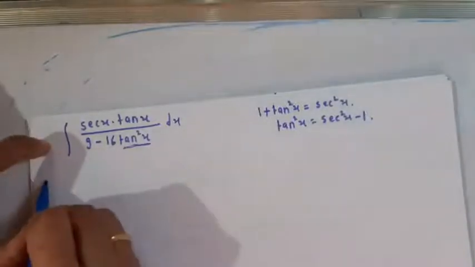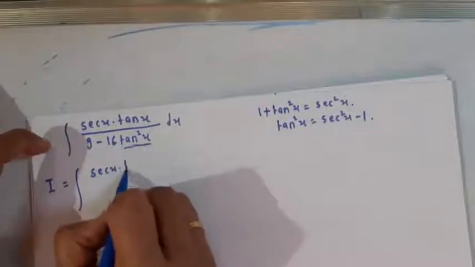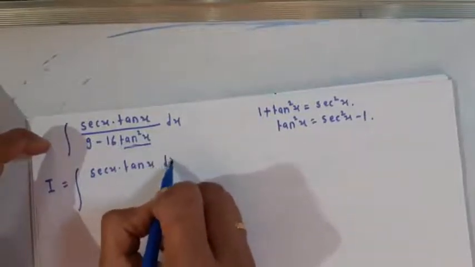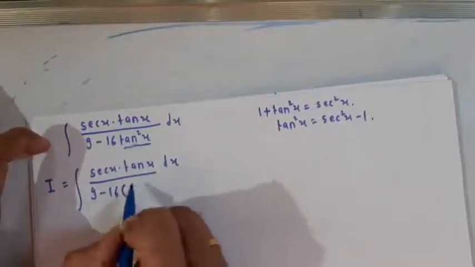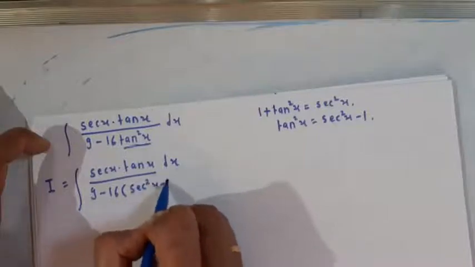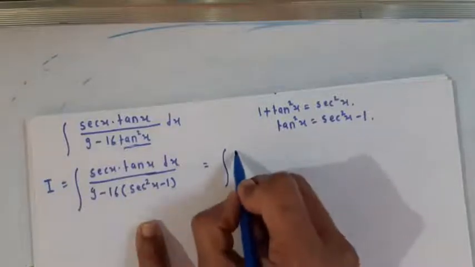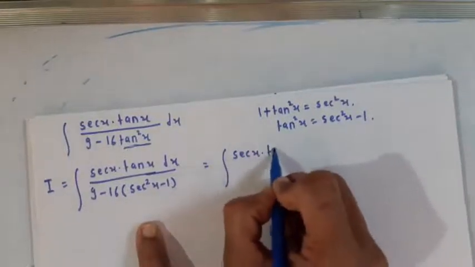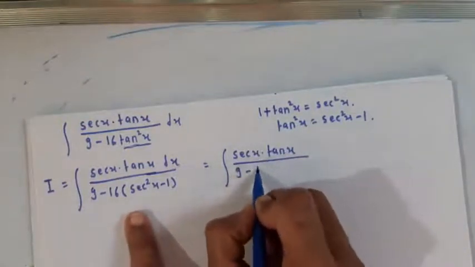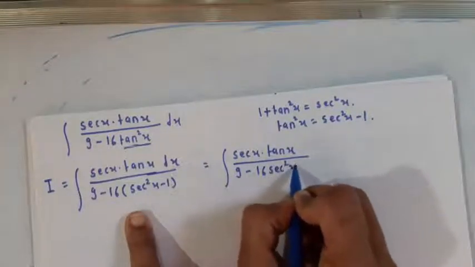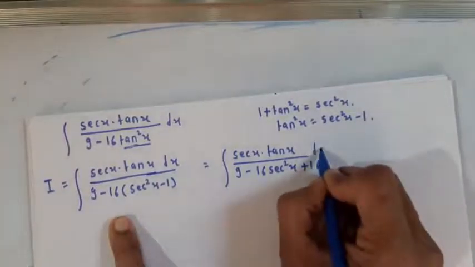Okay students, so let us take the integration I equal to the integration of sec x tan x with respect to x upon 9 minus 16, put the value of tan square x as sec square x minus 1 from the above formula. And now this is equal to the integration of sec x tan x upon 9 minus 16 sec square x plus 16 with respect to x.